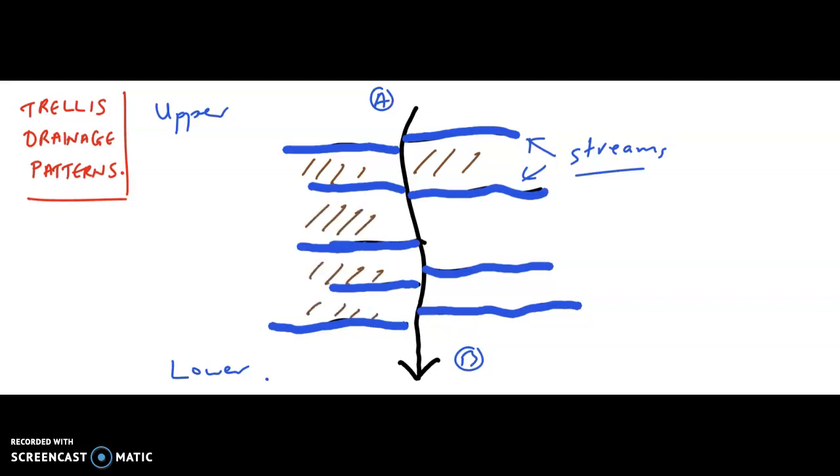This is because of alternating bands of hard and soft rocks. So trellis drainage patterns are formed in land masses or areas where there are alternating bands of hard and soft rocks, differences in terms of the rock's integrity and also their resistance.